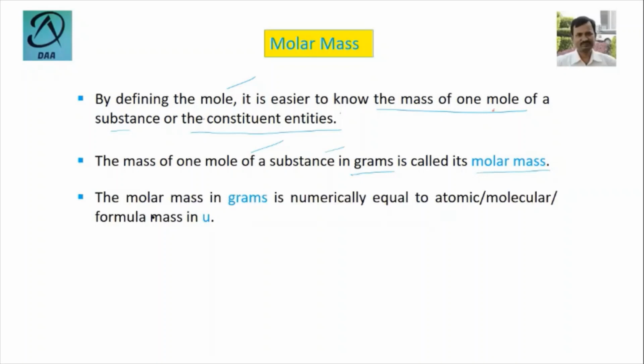So it will be equal in number to the atomic, molecular and formula mass, and if you change the unit from u to grams, then it is called the molar mass. So molar mass differs from the atomic, molecular or formula mass in its unit. For molar mass it is the gram, and for the atomic, molecular and formula mass the unit is a small u.